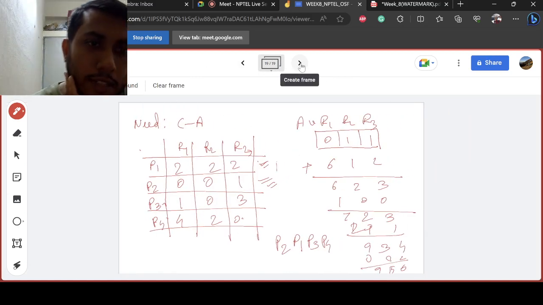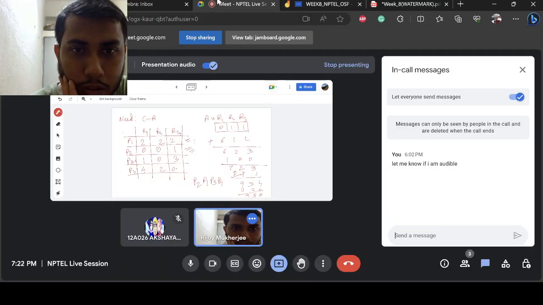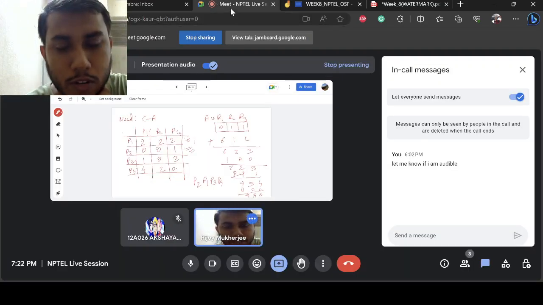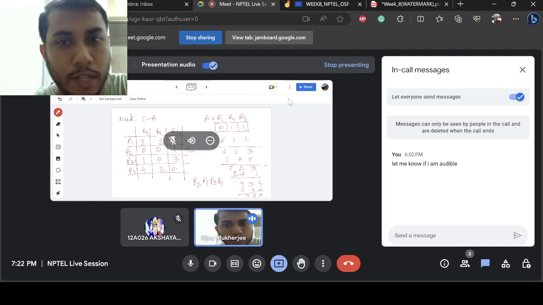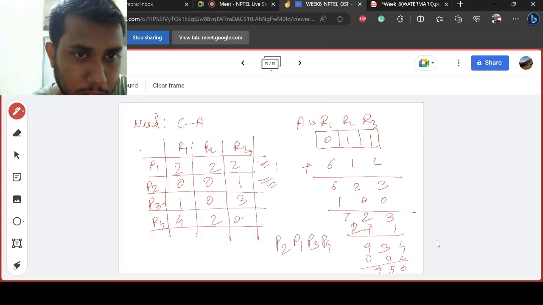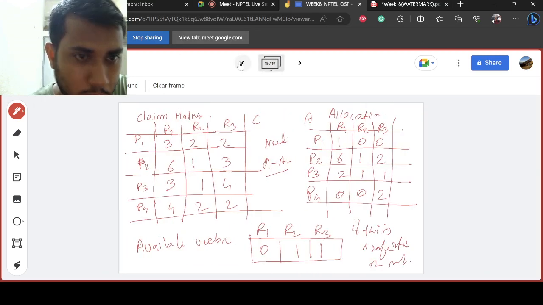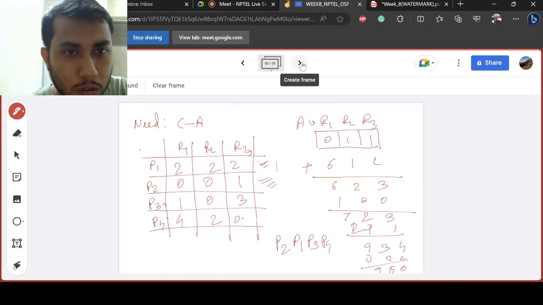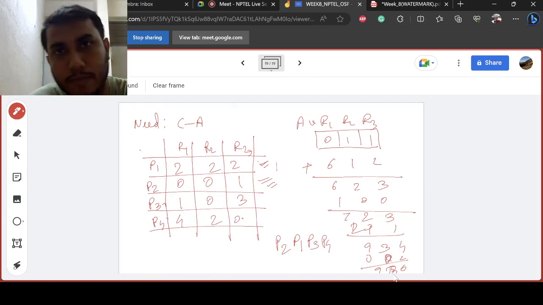Okay, so that is how you solve this Banker's algorithm problem. Most of the time the question comes as how to solve this, and this is how you do it. It was 0 0 2, 9 3 6.